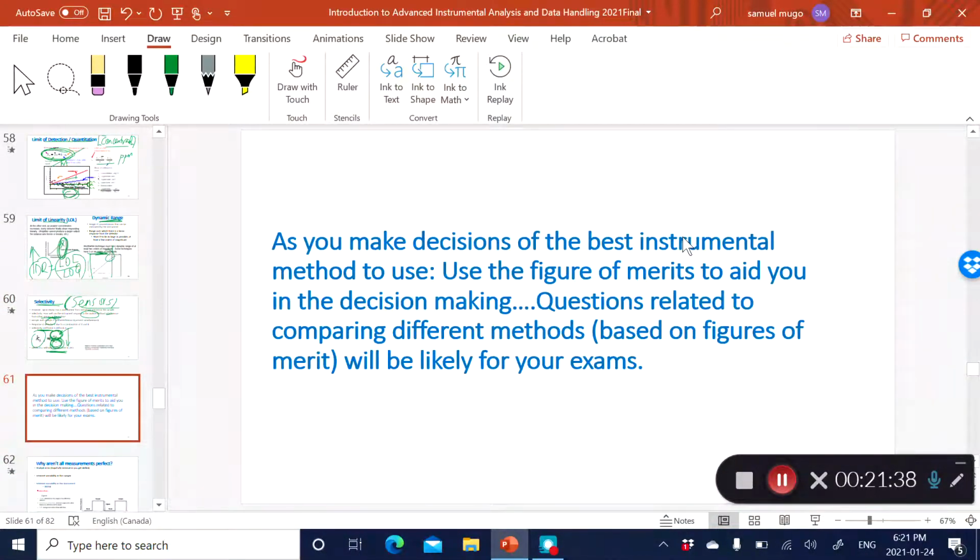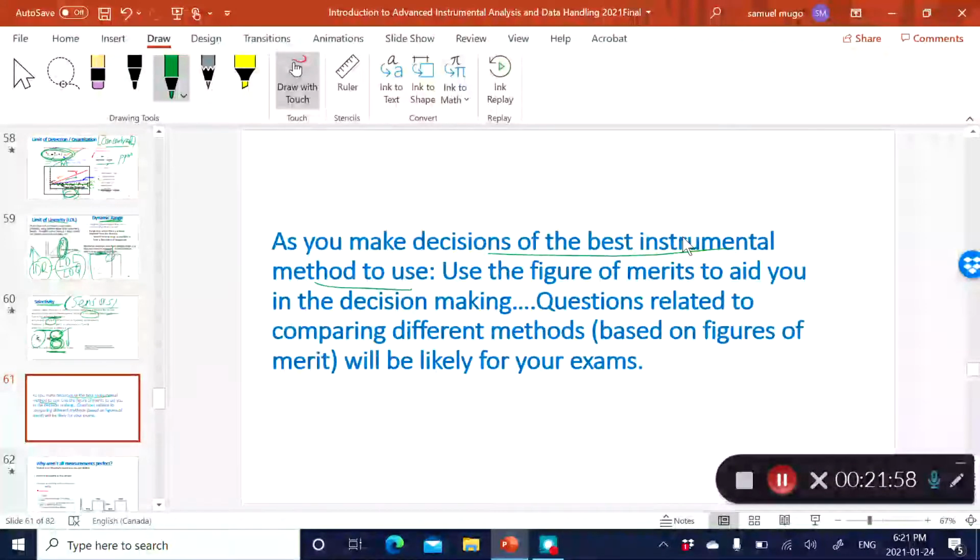So that's all that I'm going to say about figures of merit. Remember the importance of figures of merit is really to help you make decisions on which instrument to use for a certain problem. In this course, it's very important to remember how to apply the figures of merit to compare different types of methods, and you may likely come across that kind of question in the exams.